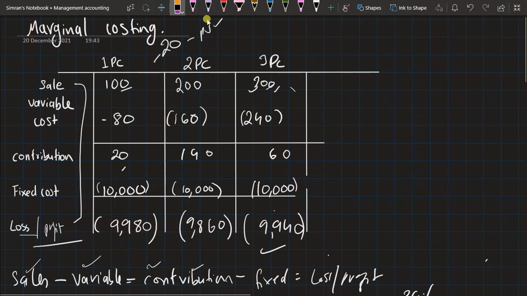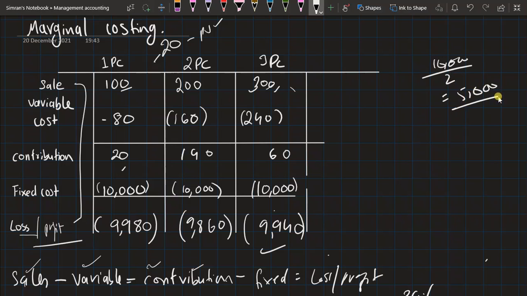Okay, so let's see. 10,000 divided by 2, we get 5,000 pieces. So we need, okay, wait, I did it wrong actually. It should not be 2, but the PVR ratio is 20%. So the formula basically says we have to divide it with the PVR.